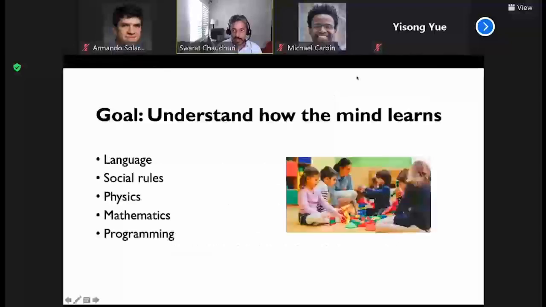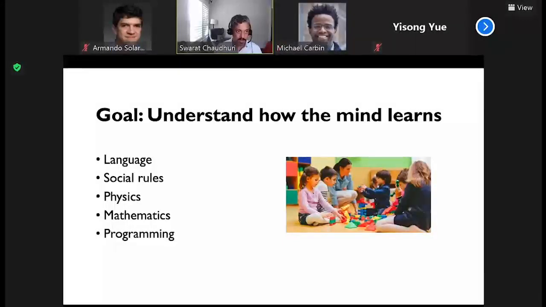Okay, so first of all, our highest level objective in this thrust is to take some of these tools of neurosymbolic learning that we are going to develop in this project and apply them to understanding the cognitive process itself, understanding the mind.